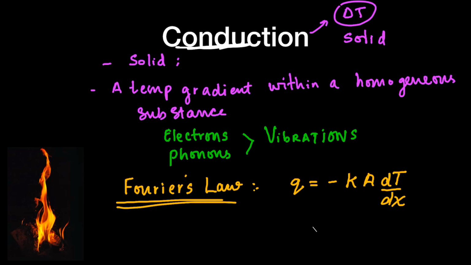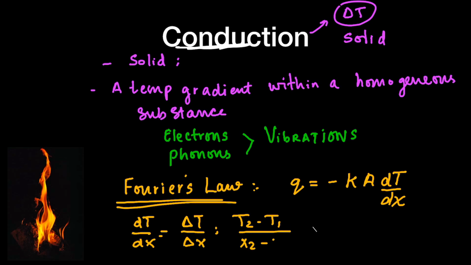Now, what is all of this? Let's break down each component in the formula. So Q, let's go one by one, dT over dx. For a linear temperature difference, you can basically think of this as change in T over change in X: T2 minus T1 over X2 minus X1.